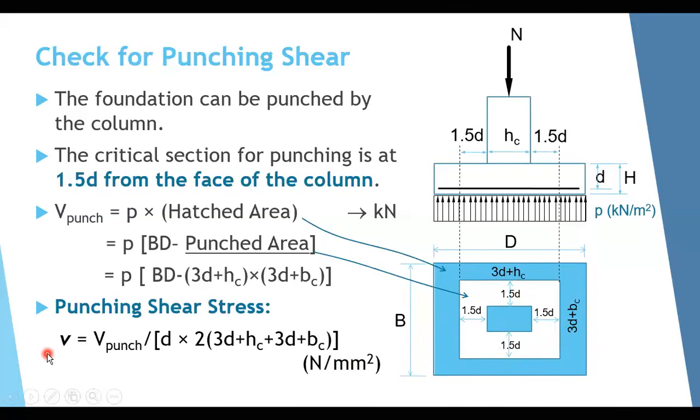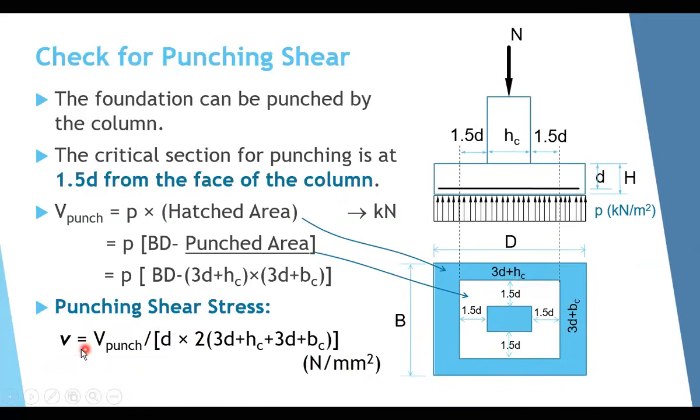So V small, the punching shear stress, equals V capital, the punching shear force, divided by D times twice (3D plus HC plus 3D plus BC). Once we did that, you can get the punching stress in Newton per millimeter square.